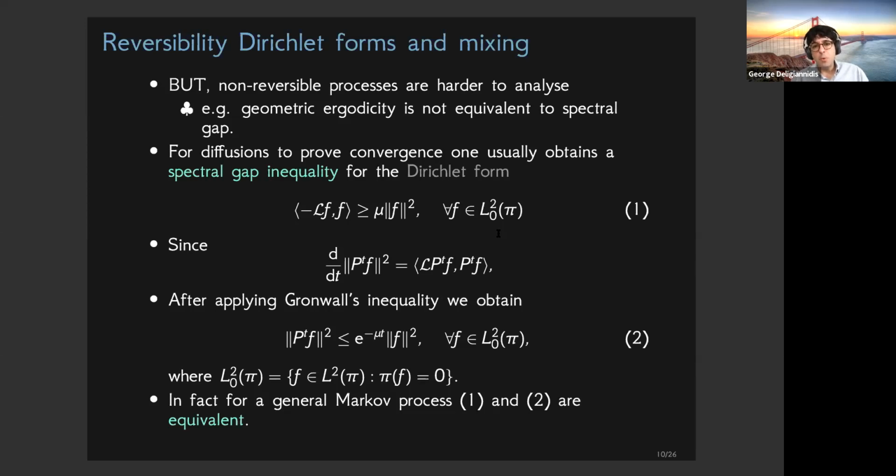Now, why is this interesting? Well, if you take the time derivative of the L2 norm of the semigroup, you can show that it's exactly equal to the Dirichlet form applied to the semigroup. And then using the spectral gap inequality, inequality 1, and Grönwall's inequality, you get an inequality of the form 2 for any function with zero mean. In fact, for a general Markov process, even non-reversible ones, inequalities 1 and 2 are equivalent.